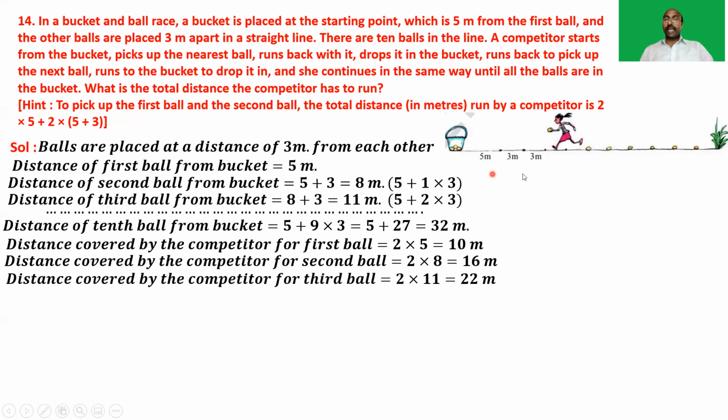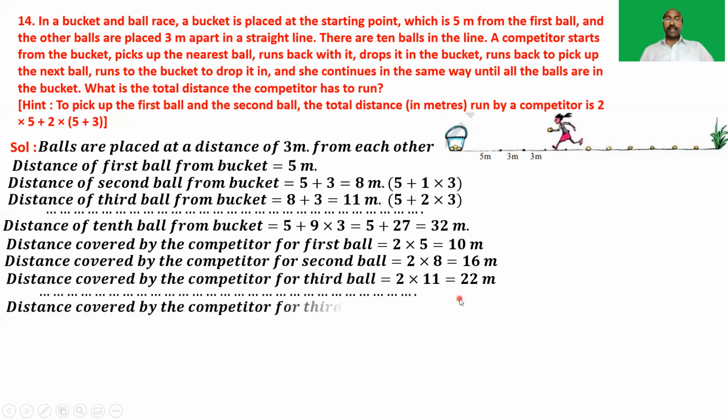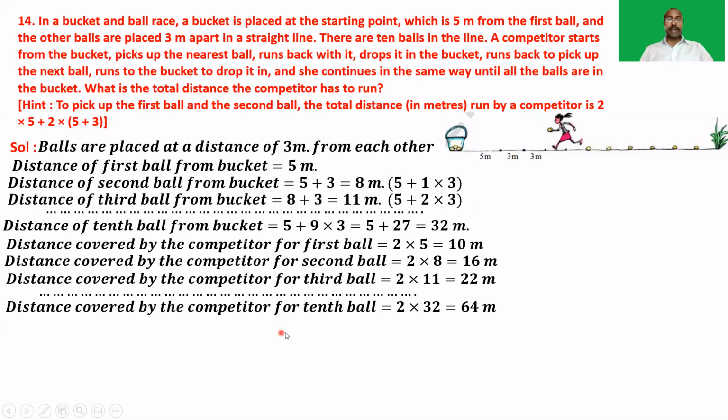And for the third, 11 plus 11, 22. And in that way, the distance covered by the competitor for the 10th ball is 2 into 32, that is 64 meters.